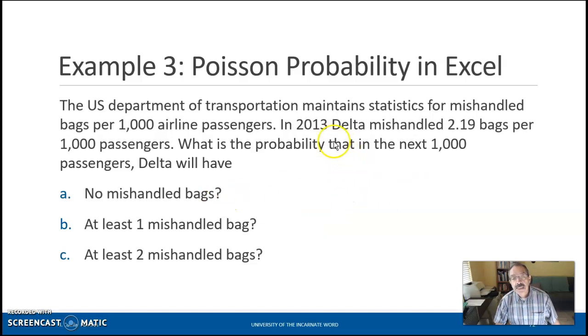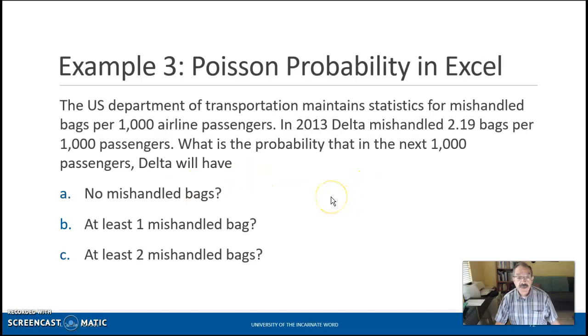In 2013, this department released information saying that Delta mishandled 2.91 bags per 1,000 on average, implying that this is the average of bags mishandled by Delta per 1,000 passengers. Now they're asking us, what is the probability that in the next 1,000 passengers, Delta will have no mishandled bags, at least 1 mishandled bag, and at least 2 mishandled bags.